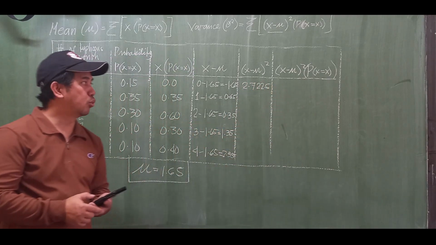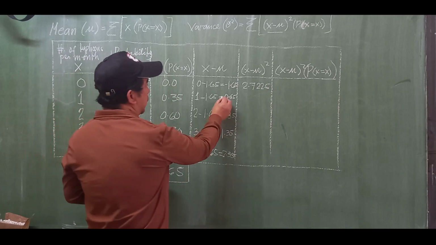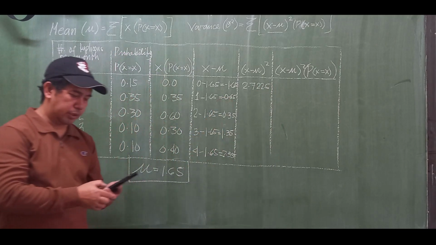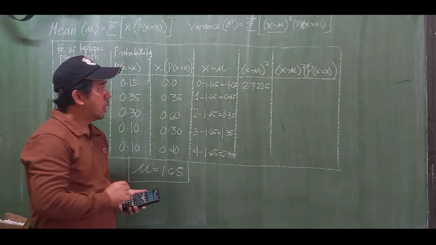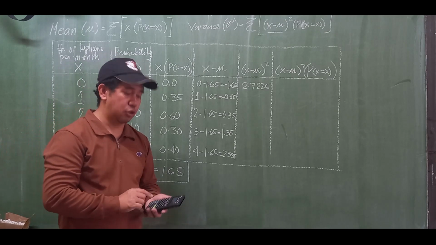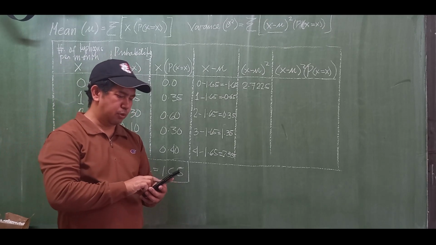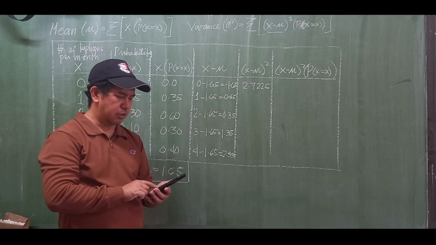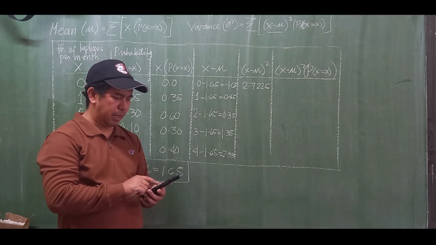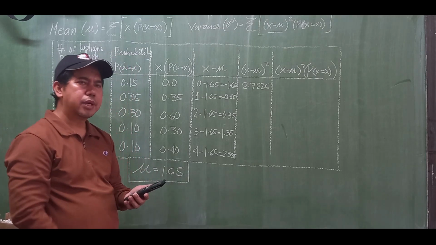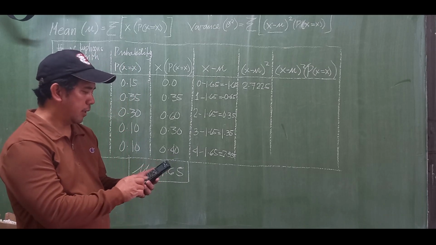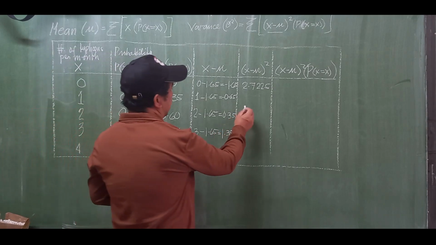Okay, 7225. This one is negative. What about that one? Negative 0.65 raised to the second power will give you a result of what? That is 0, okay?